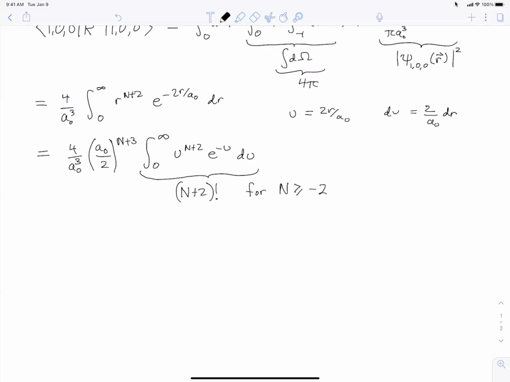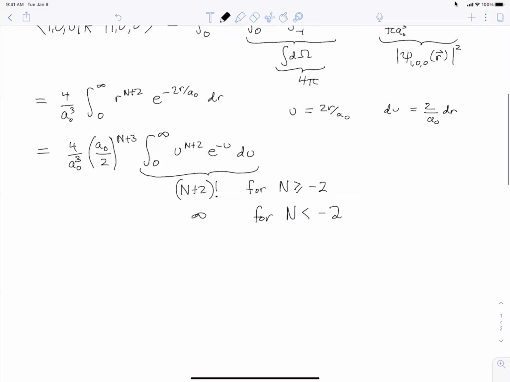Because if n is less than that, then it's actually going to diverge at the lower limit of integration at 0, because then you're taking this to a power that's going to blow up at u equals 0. We never have to worry about the upper limit of integration because the exponential is always going to kill the function and make the integrand well behaved at large u. So the upper limit of integration isn't a problem. But for the lower limit of integration, this is actually infinity for n less than minus 2.